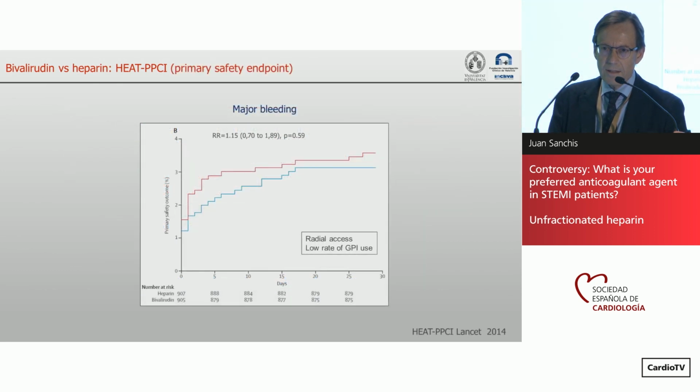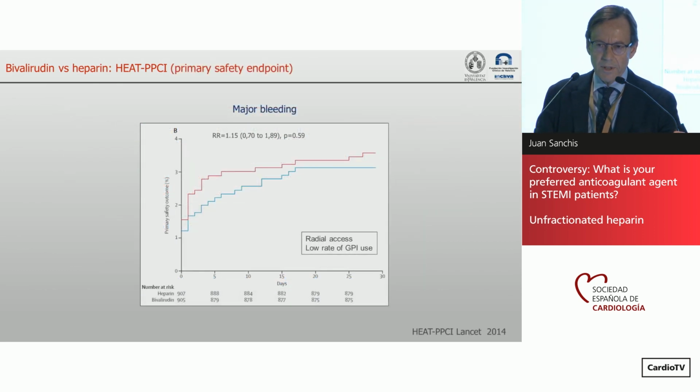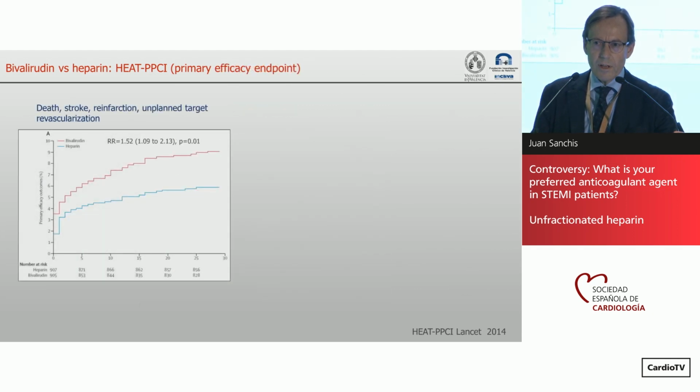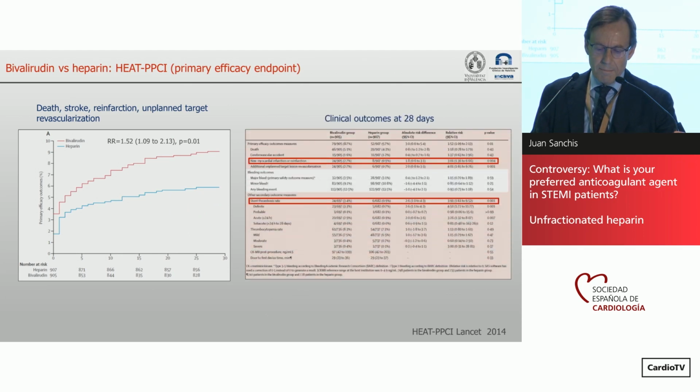In this trial, there were no differences in bleeding events, but the use of bivalirudin was associated with a higher risk of ischemic events, mainly driven by a higher rate of new myocardial infarction, in particular of stent thrombosis.